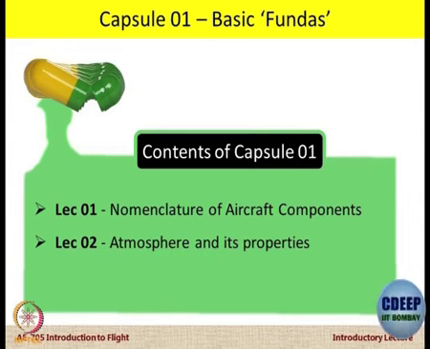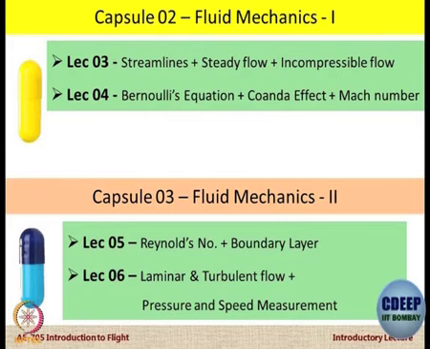Similarly, capsule number 2 will be on the first part of fluid mechanics, or introductory fluid mechanics. The contents are listed there. The third capsule will delve further into fluid mechanics. We will go to Reynolds number, boundary layer, and the types of flows and how to measure pressure and speed.